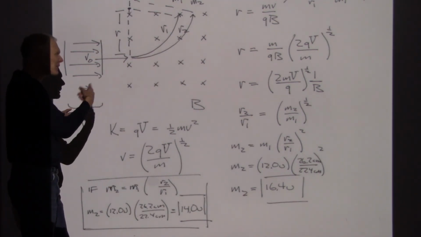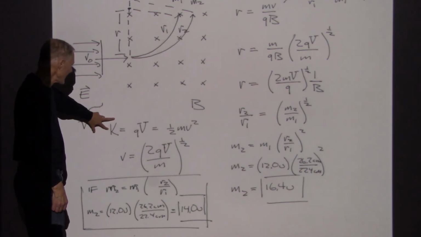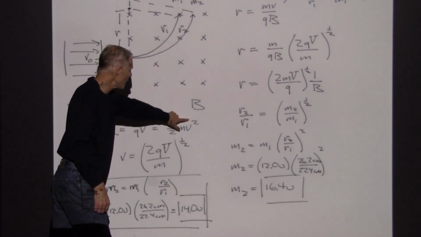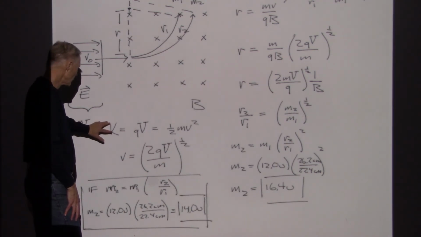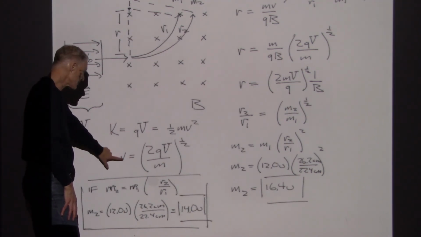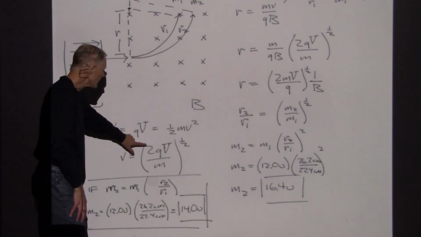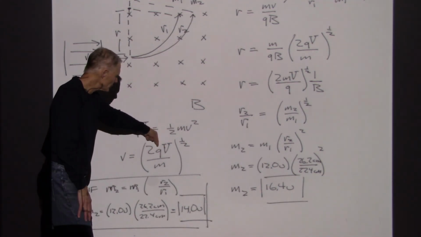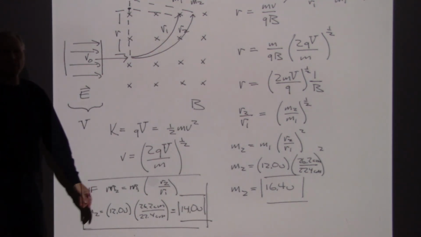So this makes it a little more complicated because if they come through with the same kinetic energy, then I have to substitute in 1/2 mv squared as the kinetic energy and then solve for v. So v becomes equal to, speed does depend on the voltage. Now they both have the same voltage. It depends on the charge. They all have the same charge, but it has a mass dependence.